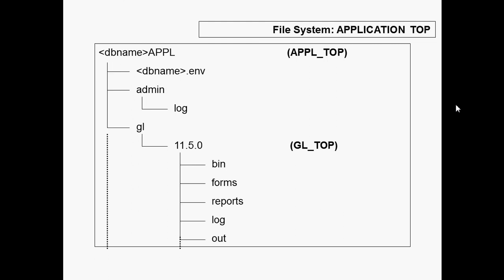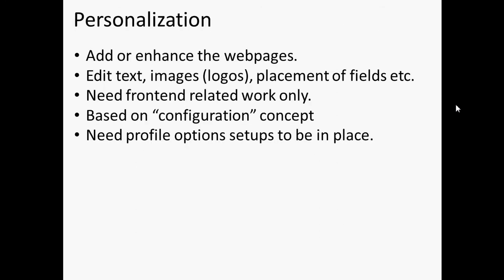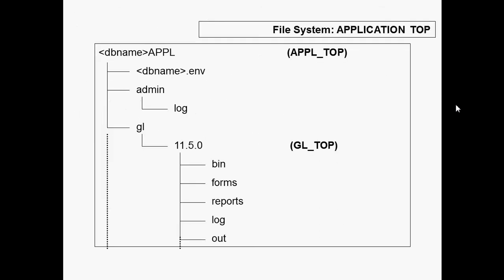Under your application top, you will have one folder for each module. So under application top, you will have the admin folder, and then a folder for, let's say, GL, which will be GL_TOP. For AP, it will be AP_TOP. For custom, that will be XXI_TOP.